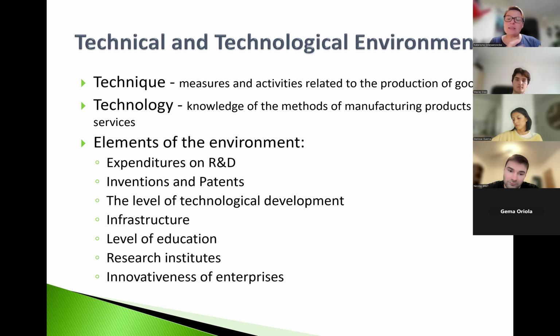So there is a number of those very general things, like the general level of expenditures on research and development, how many patents, how many inventions, especially in your field, there are, what is the level of development, what is the technical culture, because there's a difference between development and culture.